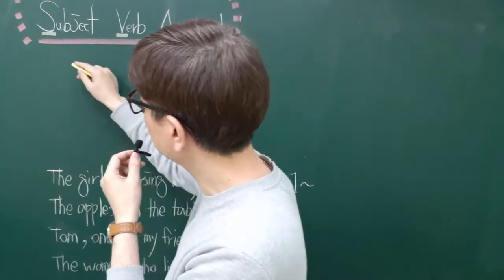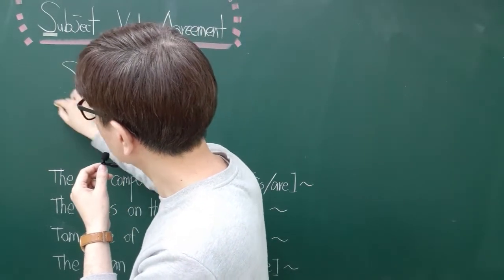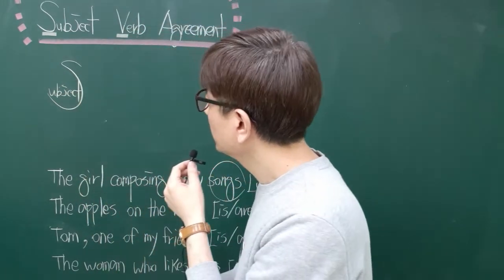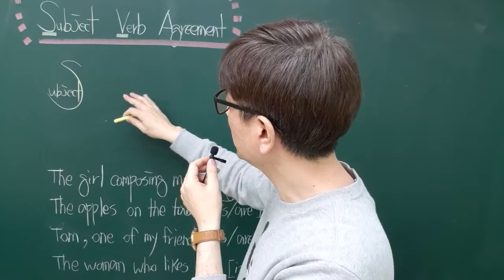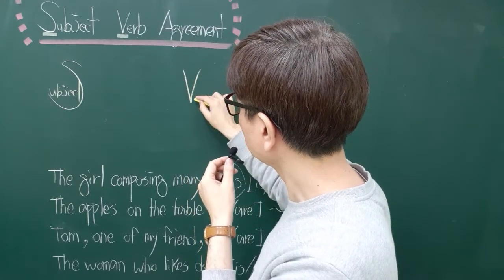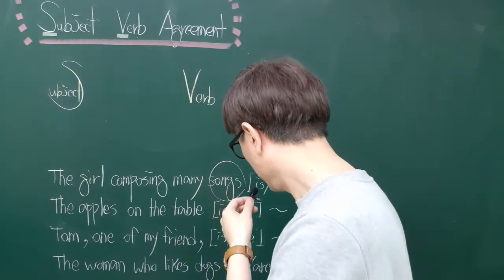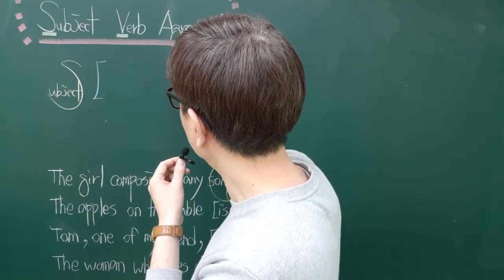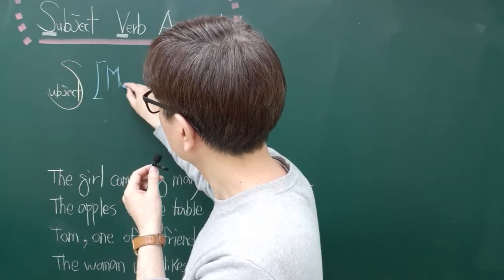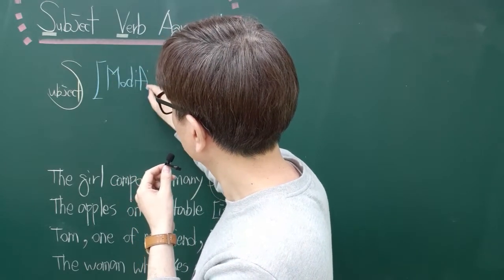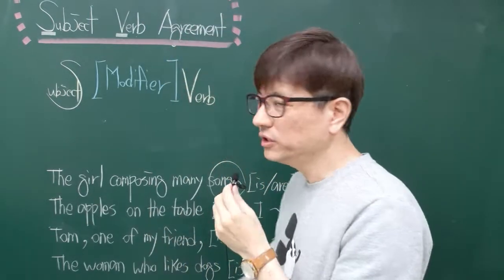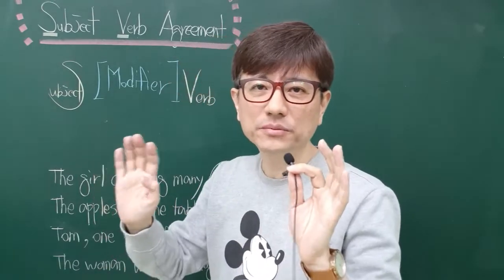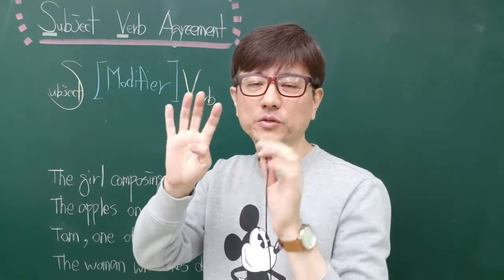At the beginning of the sentence, we have the subject, and after the subject comes the verb. But there might be a modifier between the subject and the verb. So you need to memorize 9 kinds of modifiers. No matter what kind of situation you are in, you have to memorize those 9 things.